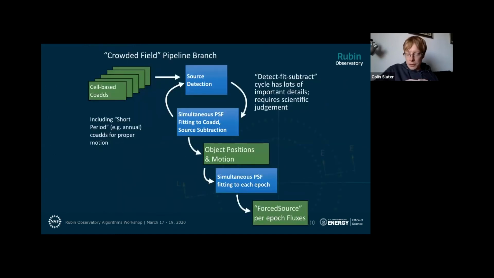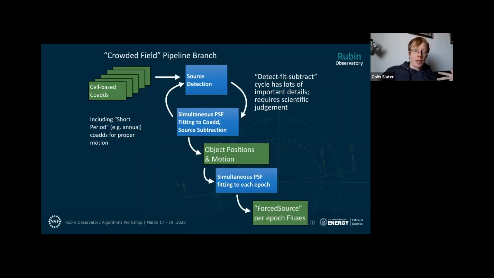So the overall flow here would be to take the cell-based coadds developed from the rest of the pipeline, perform source detection and perform iterative subtraction of those detected sources in this loop here to develop really a deep list of all the sources that exist in that image.